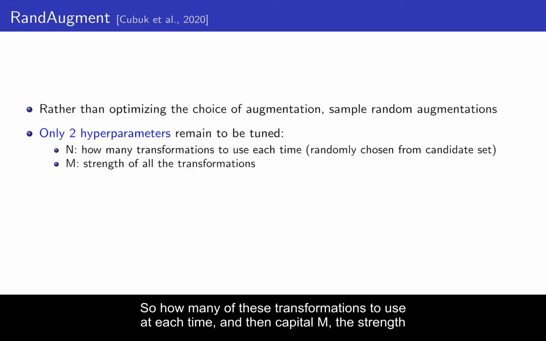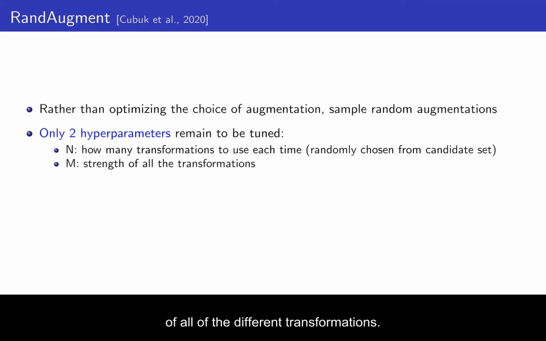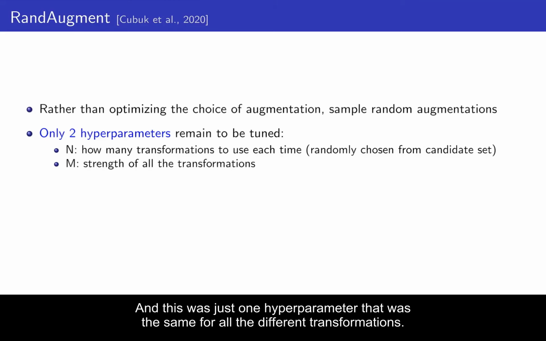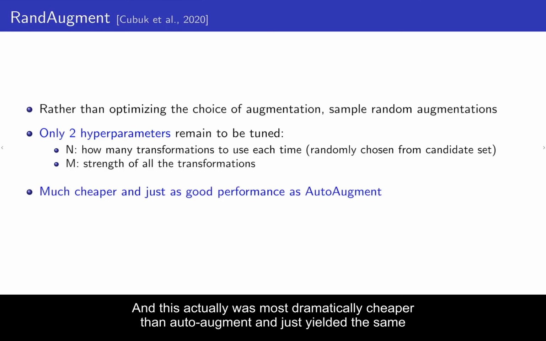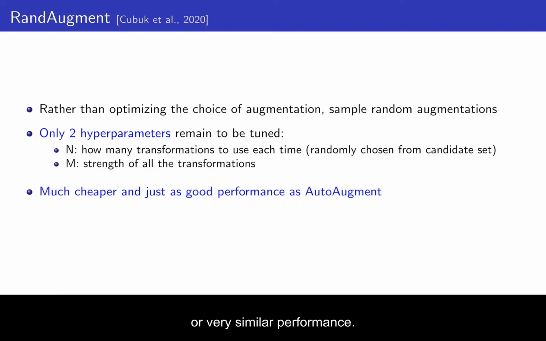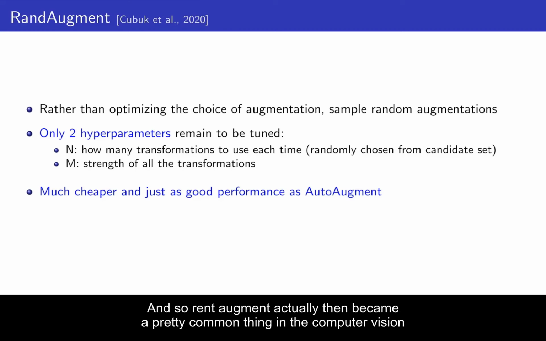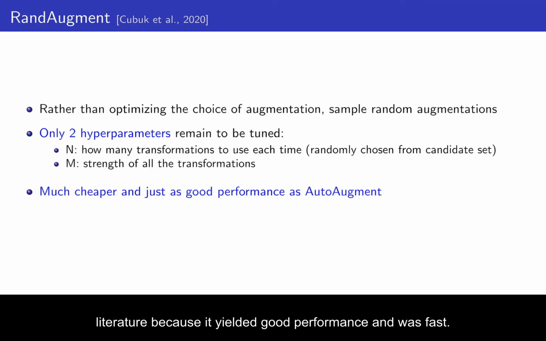And then capital M, the strength of all of the different transformations. This was just one hyperparameter that was the same for all the different transformations. And this was dramatically cheaper than AutoAugment and yielded the same or very similar performance. And so RandAugment became a pretty common thing in the computer vision literature because it yielded good performance and was fast.